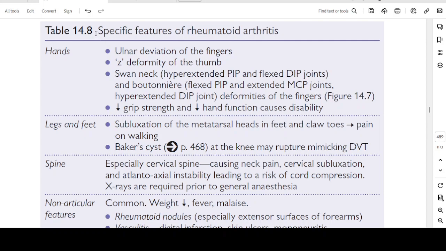Specific features of rheumatoid arthritis about the hands: ulnar deviation of the fingers, Z deformity of the thumb, swan neck deformity, that is hyperextended PIP joint and flexed DIP joint, and Boutonniere's deformity, flexed PIP joints, extended MCP joints, and hyperextended DIP joints.